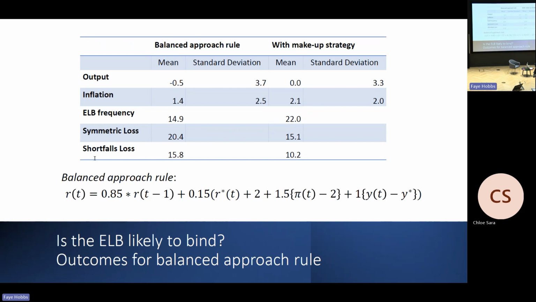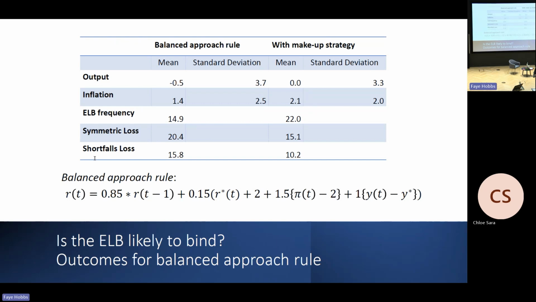Here's the balanced approach rule, a standard Taylor rule with inertia that Janet Yellen and others have emphasized. There are 3 results from this table. The first is that you don't meet your inflation target and the economy can be weak because the ELB is binding 15% of the time under this standard rule without quantitative easing or a makeup strategy.